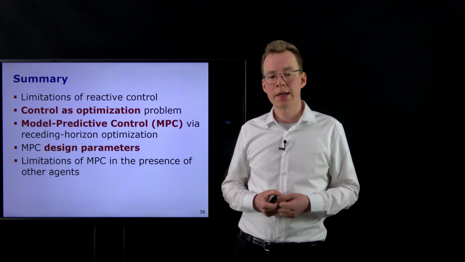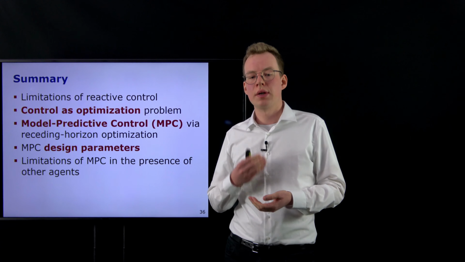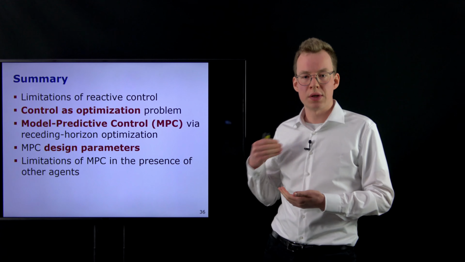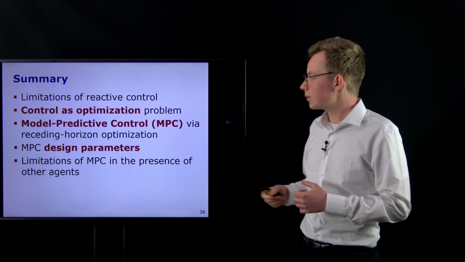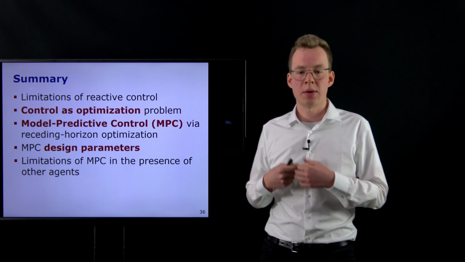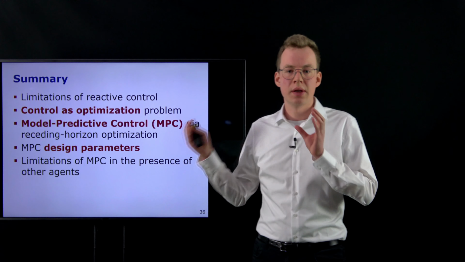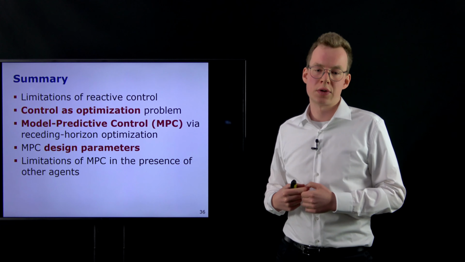To conclude today's lecture, I'd like to summarize what we've discussed today. We started with a discussion of limitations of reactive control, which motivate the use of optimization-based techniques that we've looked at today. Then we discussed how we can cast a given control problem as an optimization problem and how we can wrap this optimization in a receding horizon scheme to obtain a model predictive controller.